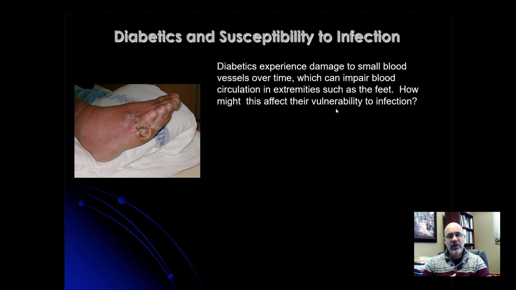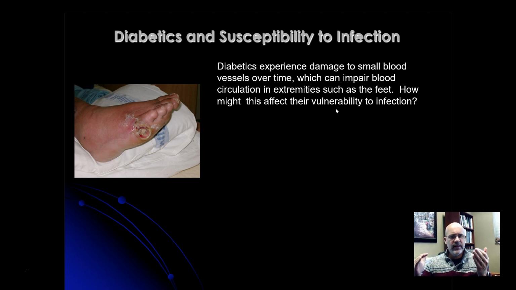So we wind up with too much glucose in the blood, which can be toxic and can wind up doing things like causing your blood pressure to be too high. Little tiny blood vessels in places, especially in the extremities like the feet, become damaged. So these patients tend to have a really hard time healing wounds in places like their feet. They have problems getting over infections in places like that where they have really poor circulation.